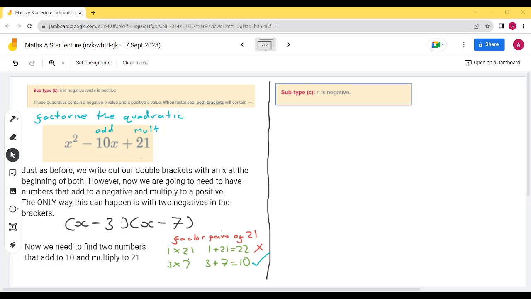Okay, and so I'm going to give an example of a question here. So again, it would say something like factorize fully or factorize the quadratic fully.